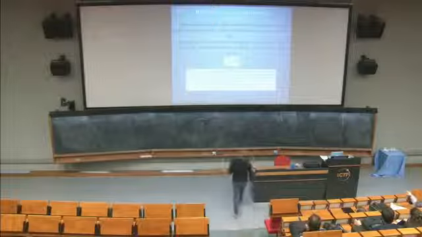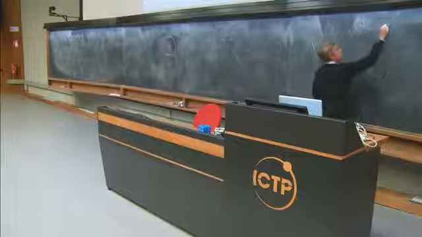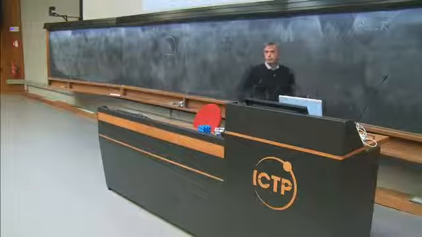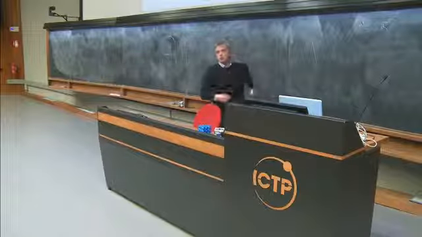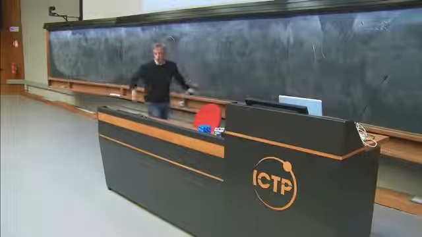X is the map. I'm thinking of X as a map, for example, from S1 to R2. No, it's the whole map, sorry. It doesn't mean the first coordinate of something. It's the whole map.